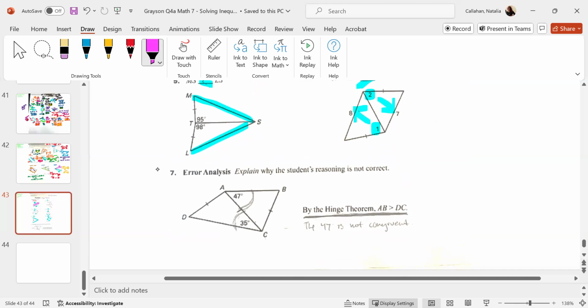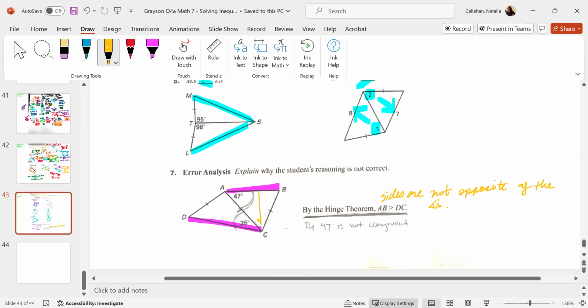Explain why the student's reasoning is not correct. By the hinge theorem, AB, which is this part right here, right, is greater than DC. Well, first off, these sides are not opposite of the angles, right?